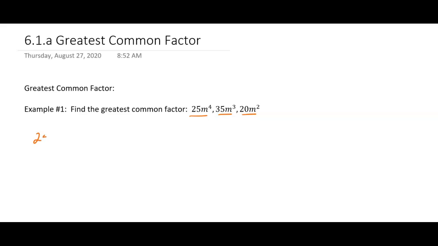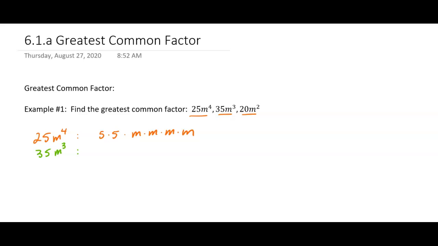So I have 25m to the fourth, and that means it's 5 times 5 times m times m times m times m, if you wanted to think of it in terms of a prime factorization. Okay, so the next term I have is 35m cubed.